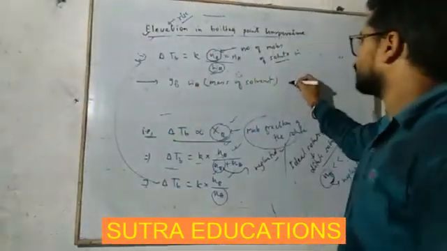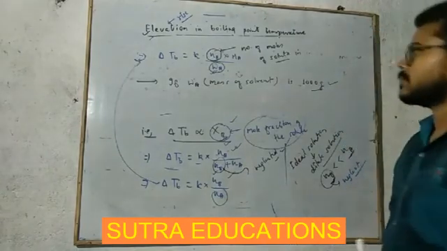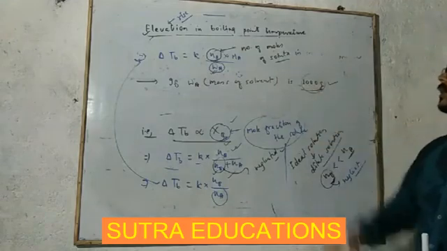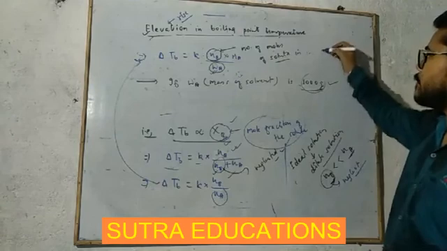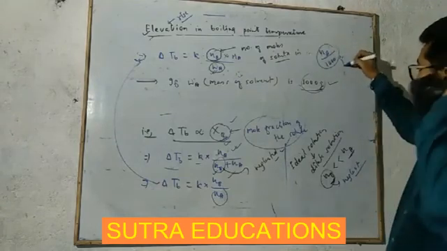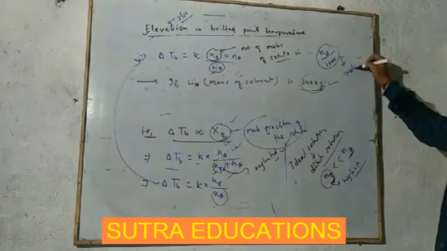If Wa is 1000 gram, then Nb upon 1000 is the molality.